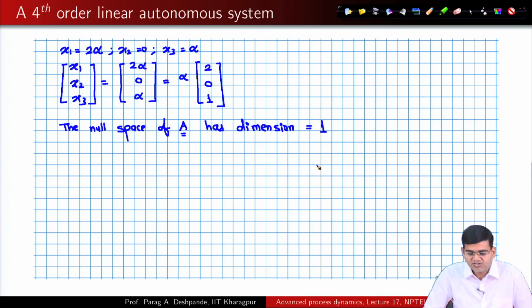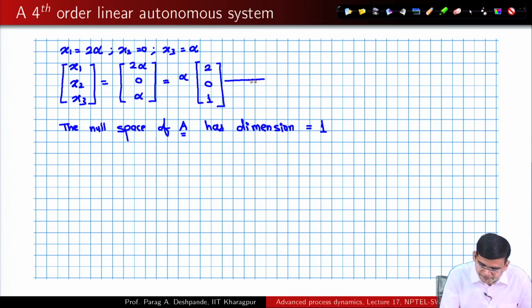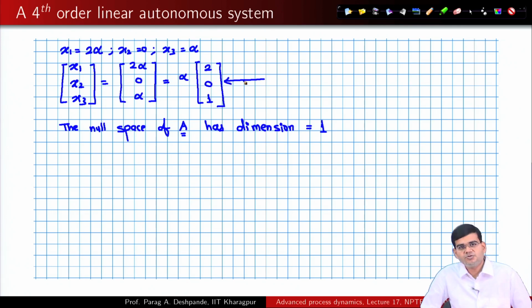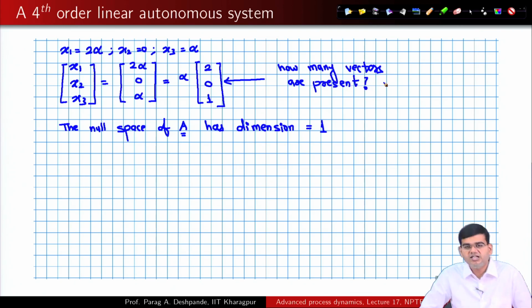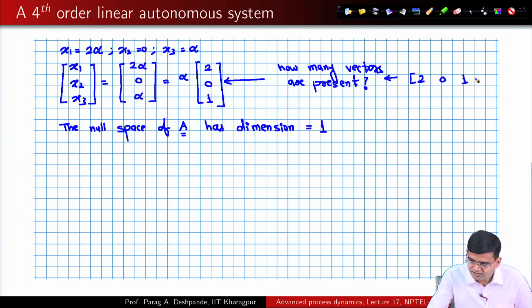The way I make this conclusion is I look into this and I ask this question, how many vectors are present, and in fact, there is only one vector which is present, the vector being [2 0 1] transpose.